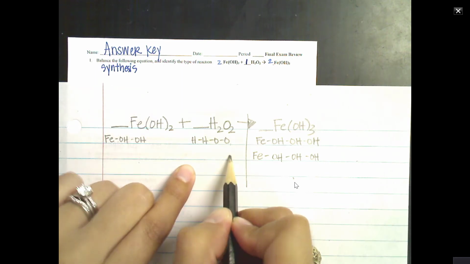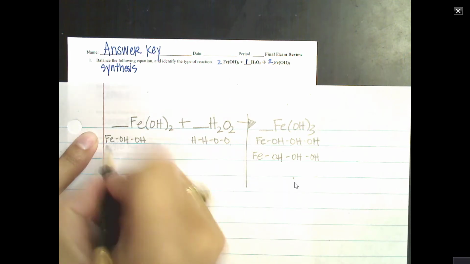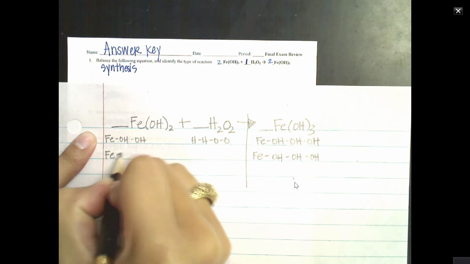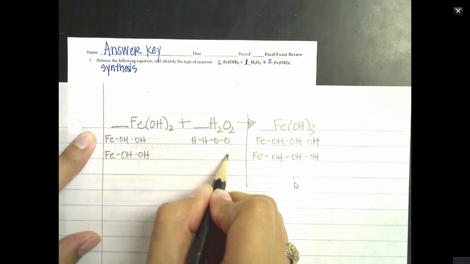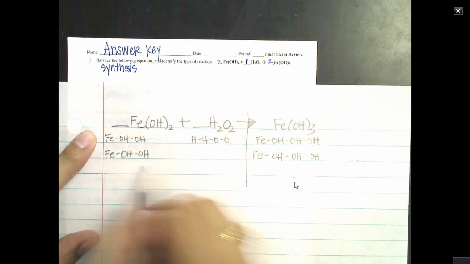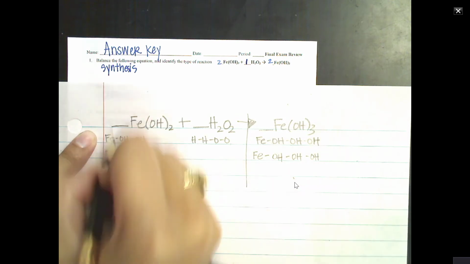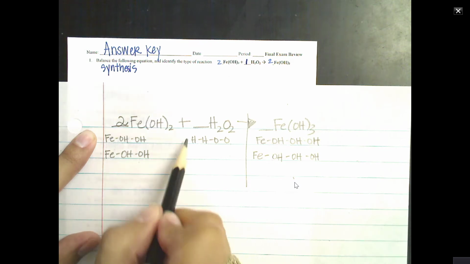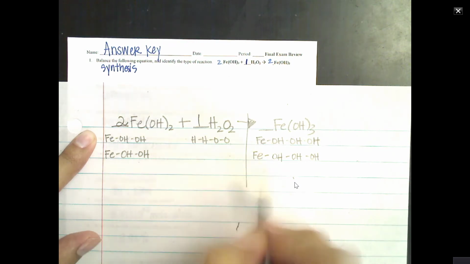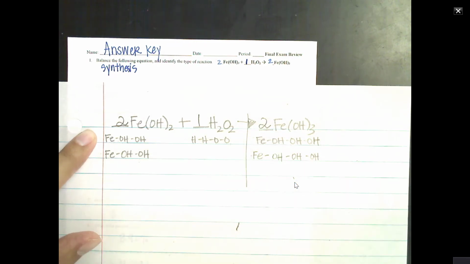So, deciding which one should be better, well, I added another Fe, which means I'm going to need another Fe on this side anyway, so I probably want to add an Fe(OH)2. 6 oxygens, 6 oxygens, 6 hydrogens, 6 hydrogens, 2 irons, everything's balanced, so I've put a 2 coefficient in the first blank, just a 1 coefficient in the second, and once again a 2 coefficient. I just count how many times I used each one.